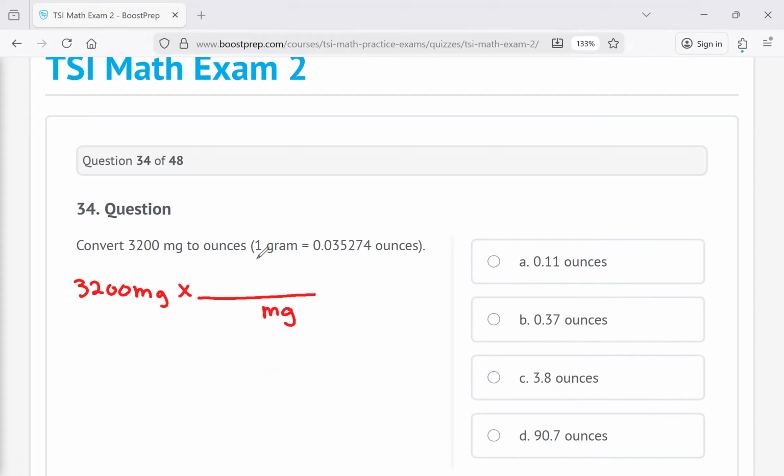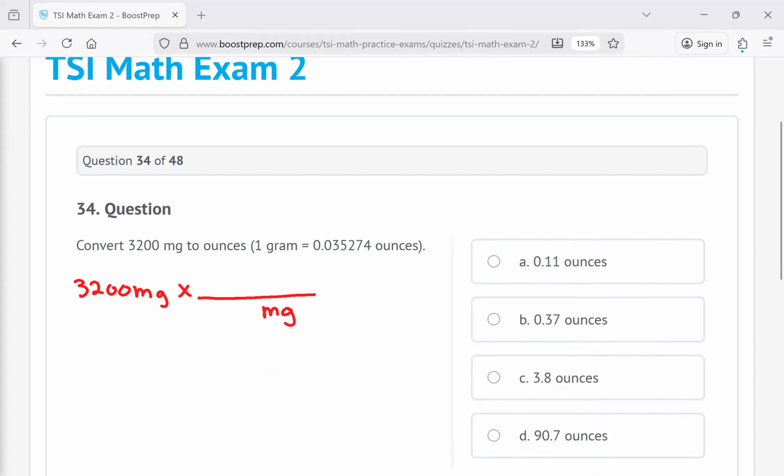Okay, let me look in the notes. Okay, so yes, we have to do a double conversion.